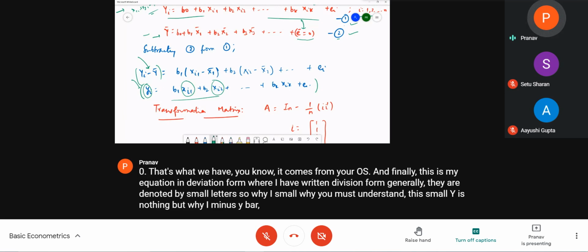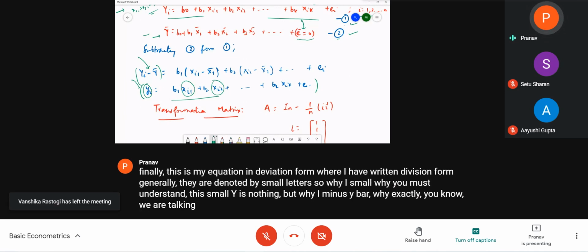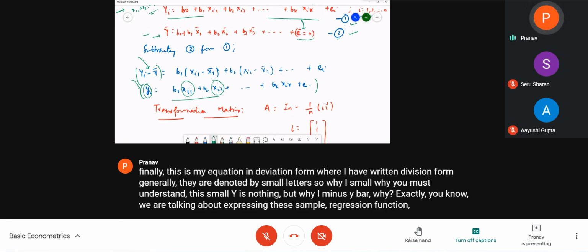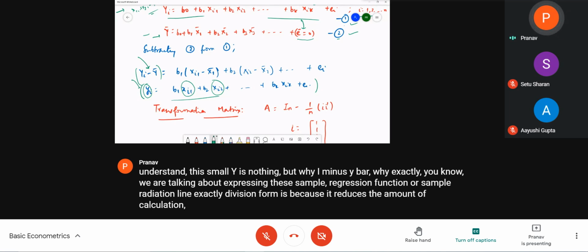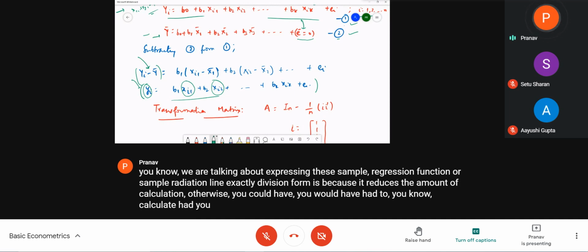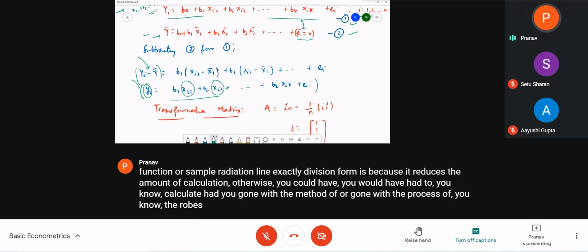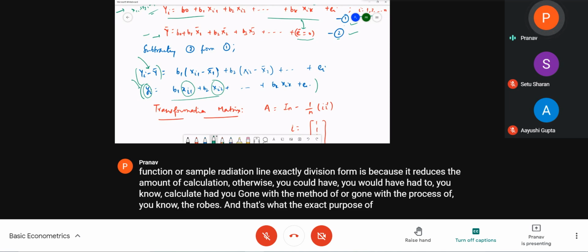Why exactly are we expressing the sample regression function or sample regression line in deviation form? It is because it reduces the amount of calculation. Otherwise, you would have had to calculate with the raw observations, and that is the exact purpose of expressing these in deviation form.